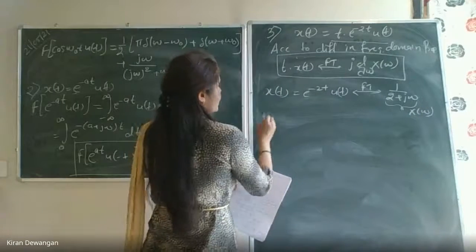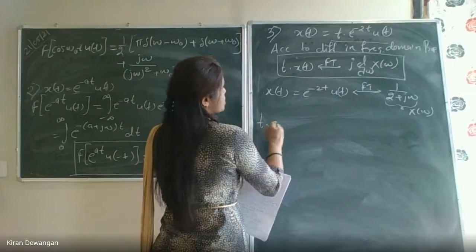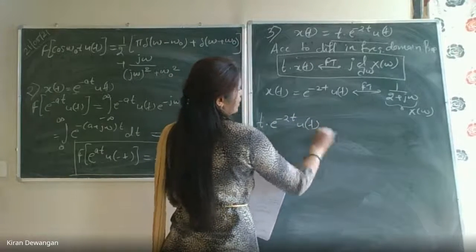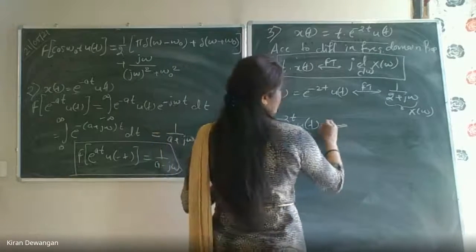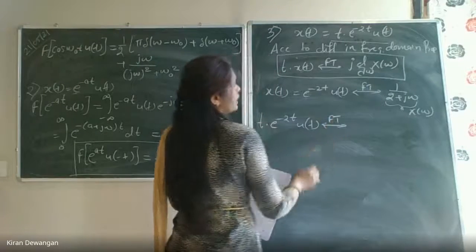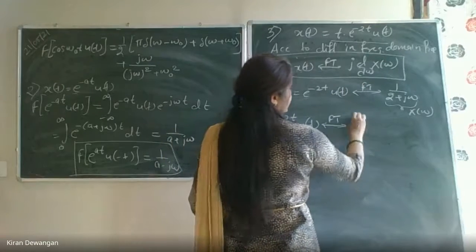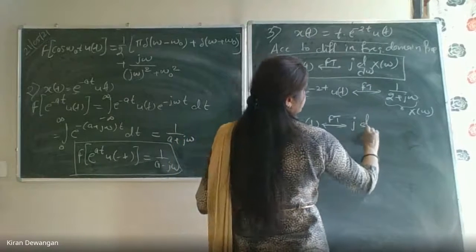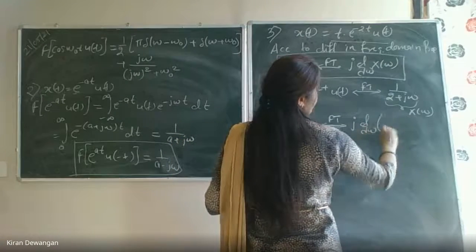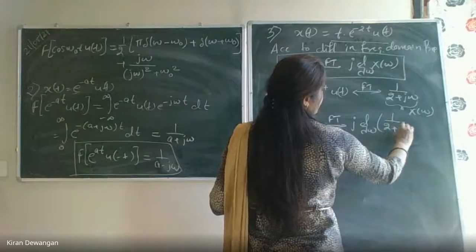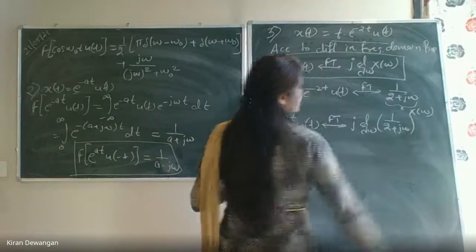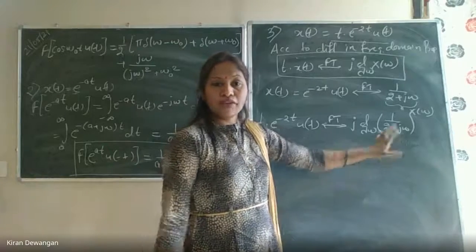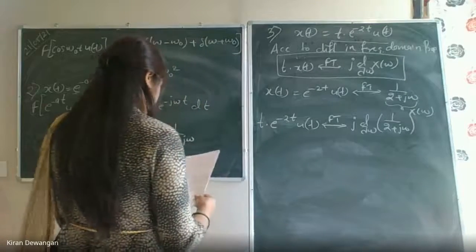So if we have to take t times e to the power minus 2t u(t), then the Fourier transform will be, according to this property, j times d by d omega of this one, 1 by 2 plus j omega. So we have to differentiate this one. इसको हमें differentiate करना है. Then we'll get the answer.